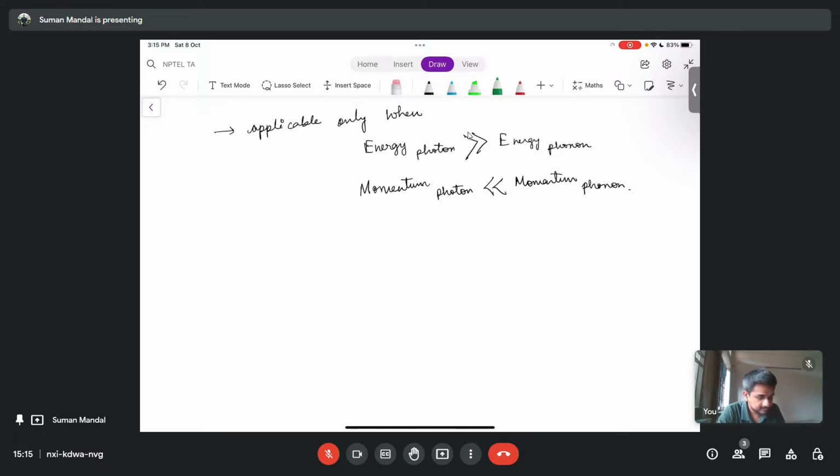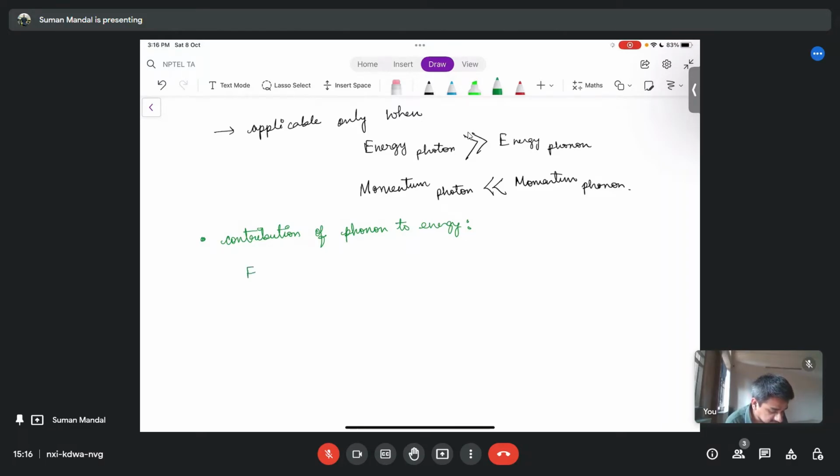So first of all, let's solve for the contribution of phonon to energy. So how do we find this value?